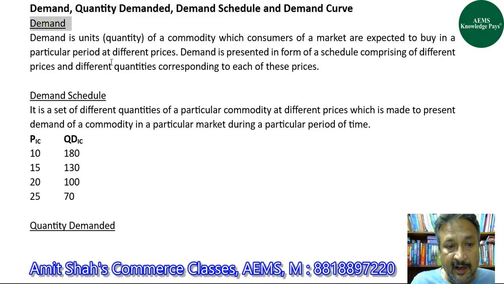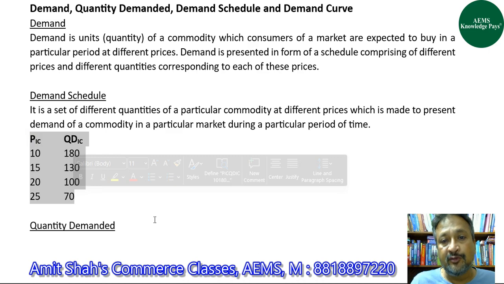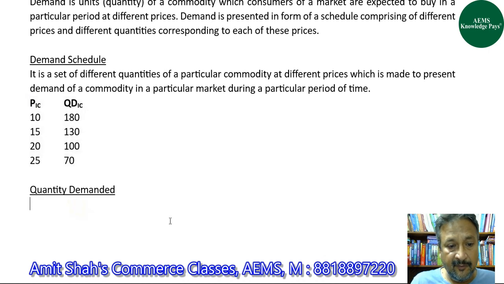When he asked me demand, he did not tell me about price. He simply asked me what would be the demand of his ice cream cups. And I told him demand in form of this schedule, right?